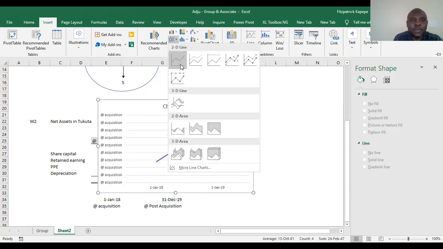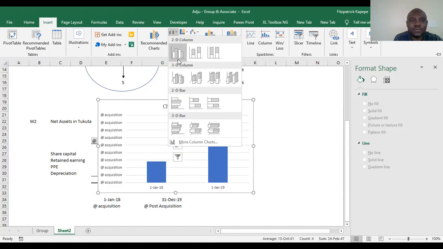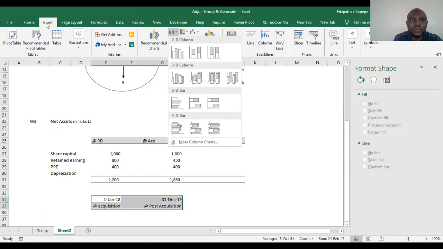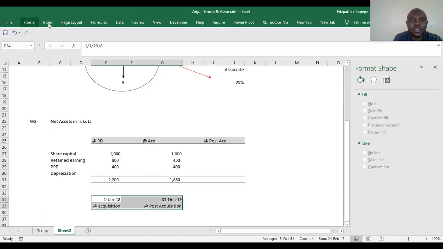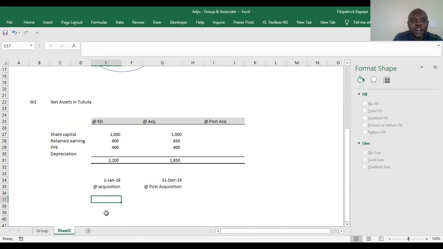So I do a timeline. If you look at this, how many years? First, we know the annual depreciation.